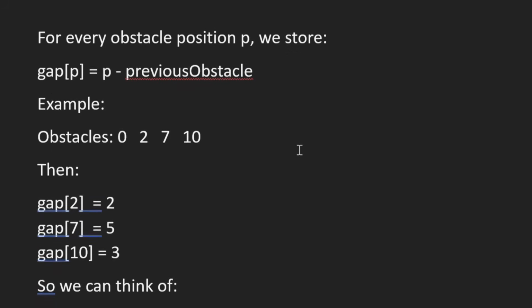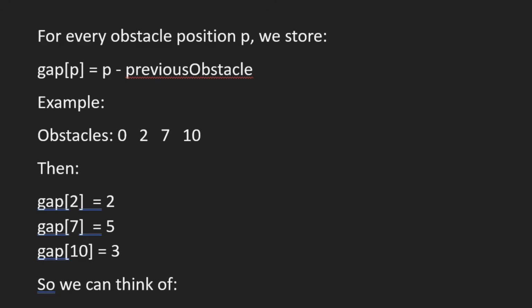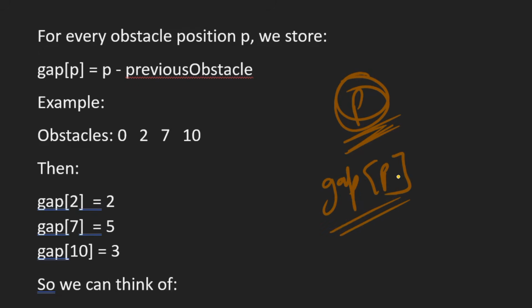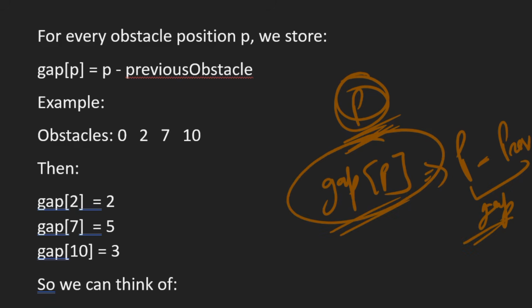The next thing that we need to understand is, suppose we have an obstacle at some position p. We need to store the gap that we have at this position p, that is, the position minus the position of the previous obstacle. This is the gap at the position of the obstacle. Now suppose we have obstacles at 0, 2, 7, 10.